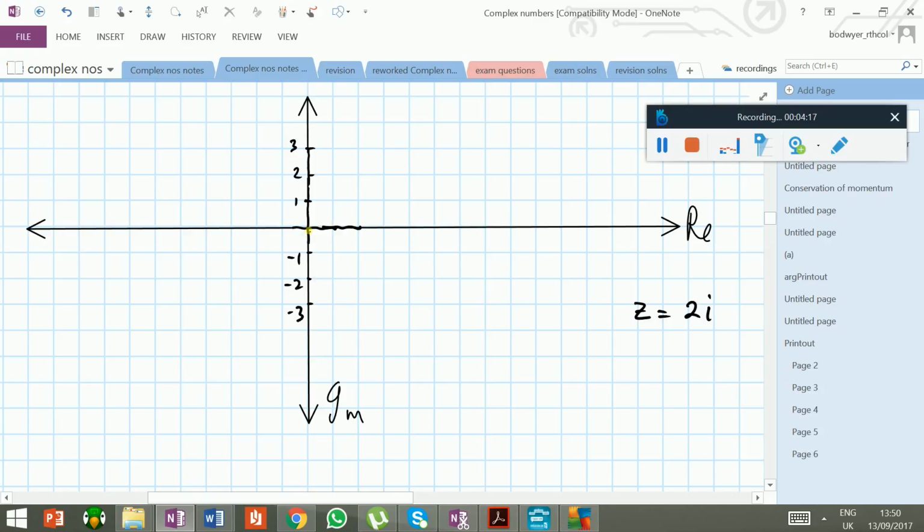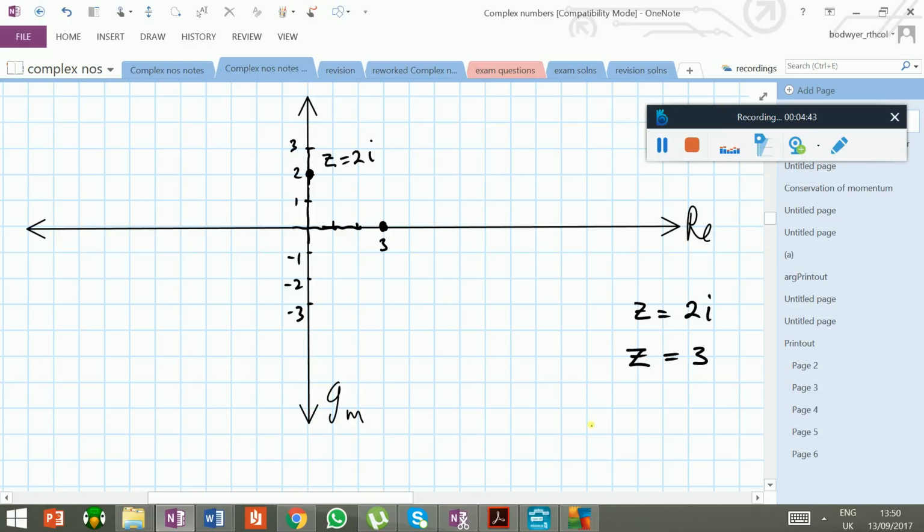Now for 2i, the real part is 0, and it's just the imaginary part. So you go up 2 on the imaginary axis. Okay, so let's try another one. If you want to represent z equals 3, just a real part and no imaginary part, then you just go up 3 on the real axis, and your point is there.